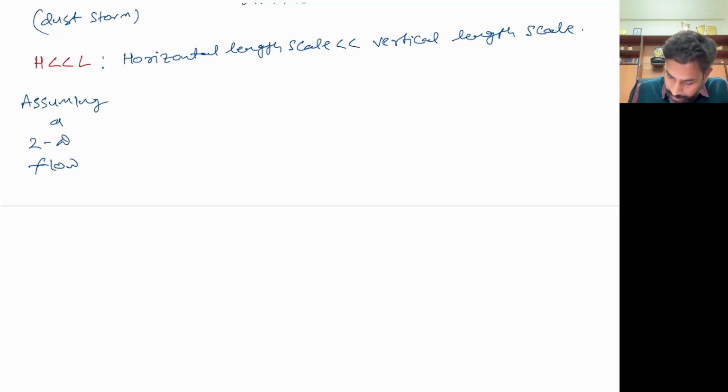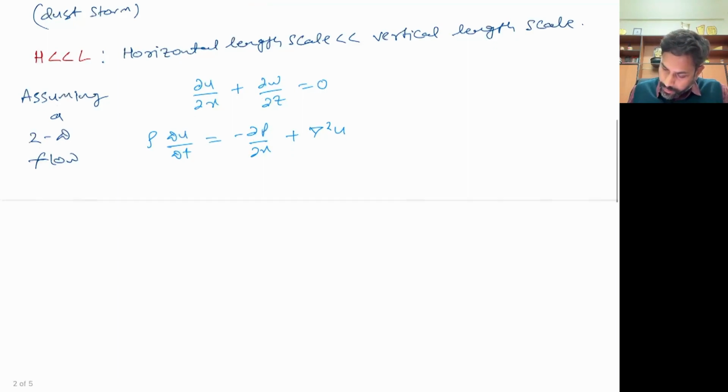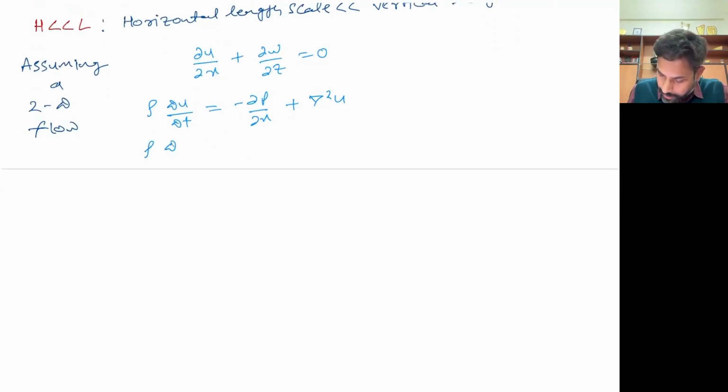While the flow is 3D, for the sake of this approximation we will consider only 2D flow, and we will write the governing equations as du by dx plus dw by dz is equal to 0, and then rho Du by Dt is equal to minus dp by dx plus del square u, and then the third will be rho Dw by Dt is equal to minus dp by dz minus rho g plus del square w.